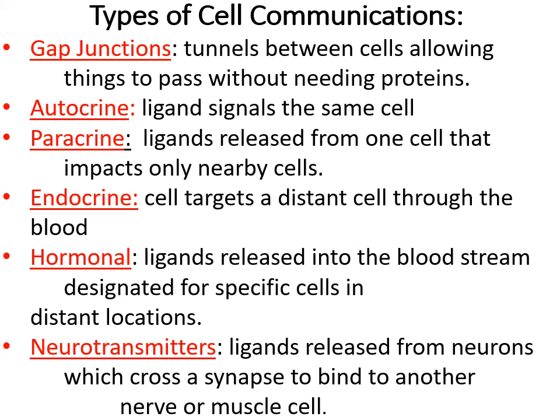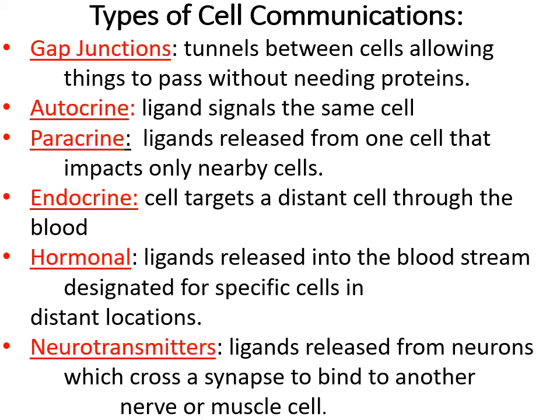Okay, so let's just look at different ways that cells can communicate with each other, because it's very important for cells in one area to not only communicate with cells very close to them, but also with cells at a distance, right? So, for example, your brain wants to communicate with many parts of your body through nerves, okay?